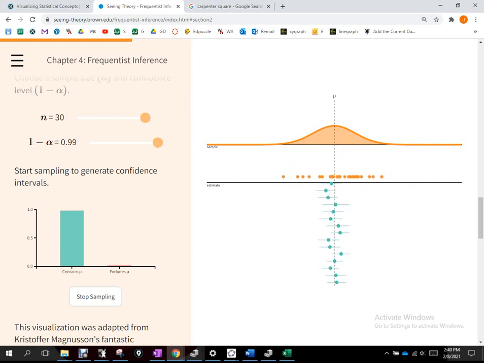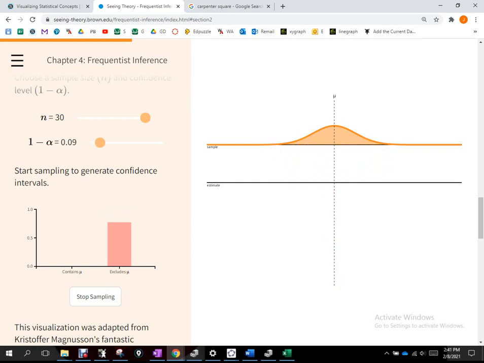If I want to be less confident, I can't get down to 0%, but these are all red because they're point estimates essentially. That makes sense? And none of them are going to be exactly the population mean.